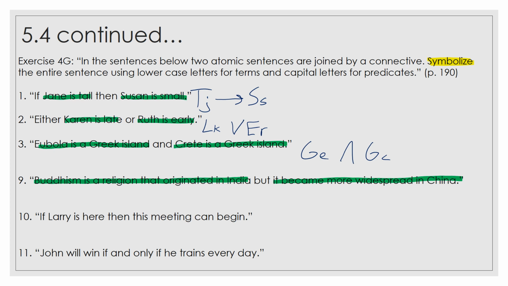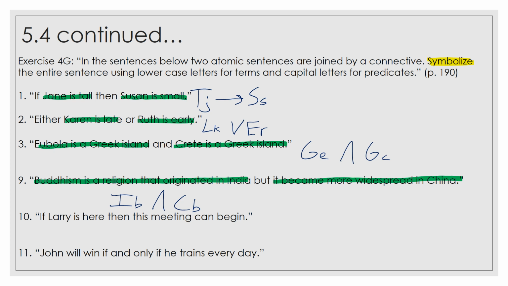The predicate is a religion that originated in India with the first atomic sentence. We'll just give that an I, so capital I, and the subject is Buddhism, so a little b. So big I, little b, and it became more widespread in China. So China we'll use to symbolize that predicate. So big C, and the subject remains the same, so little b.